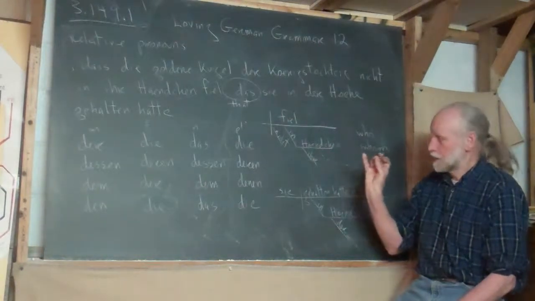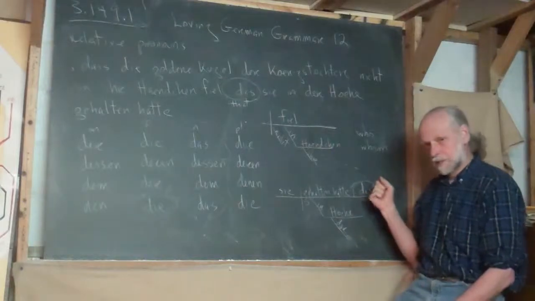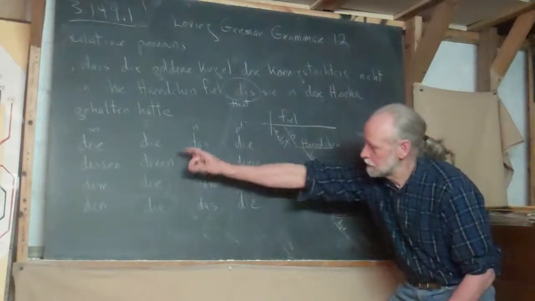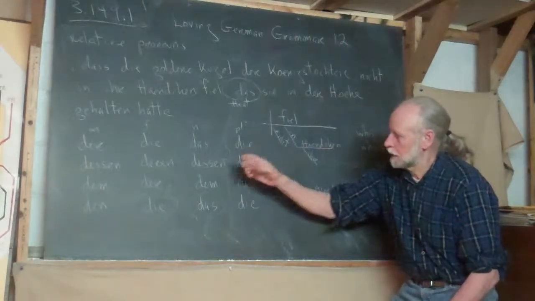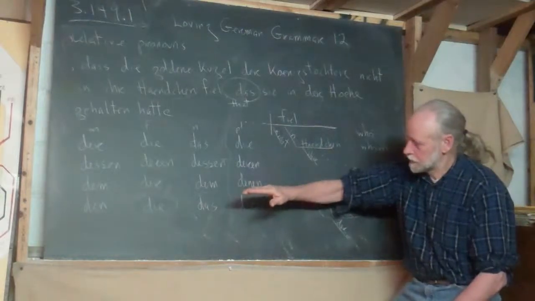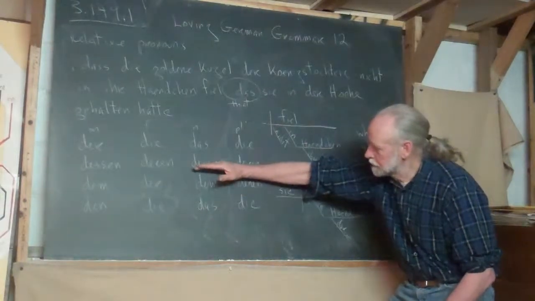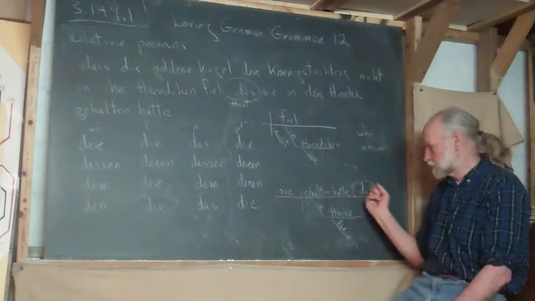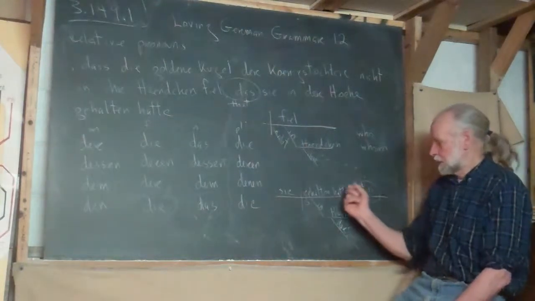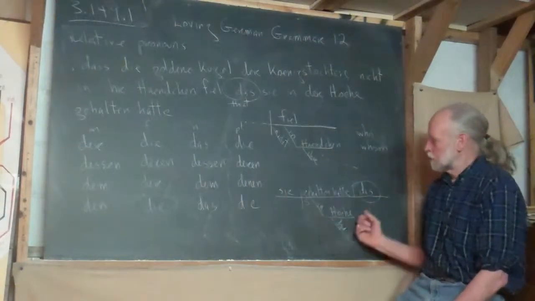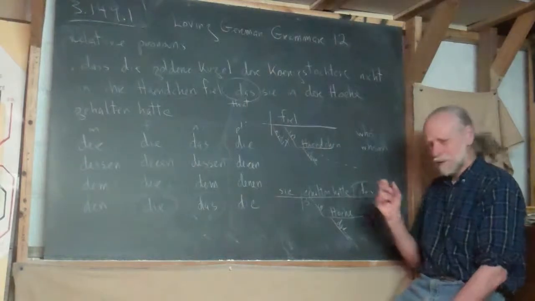Gender and number of the antecedent are going to be taken by the relative pronoun. The gender and the number. The gender and the number. But the case, in other words, which one of these is it going to be, that's case. That depends on its position in the adjective clause, in the relative clause. Anyway, back to what I was saying.